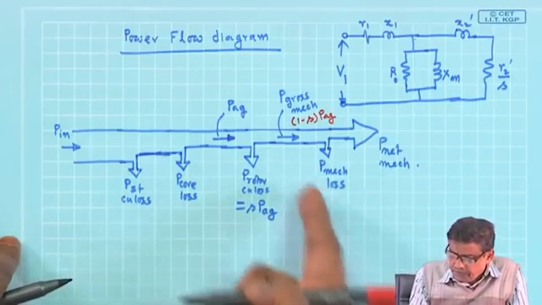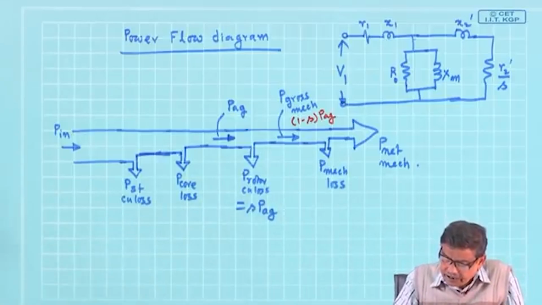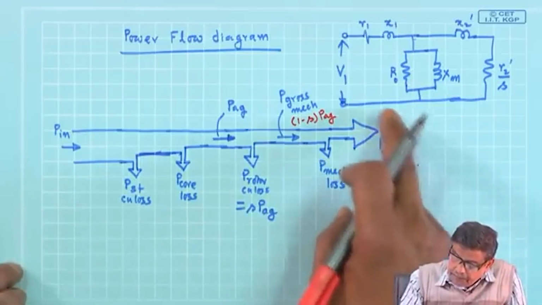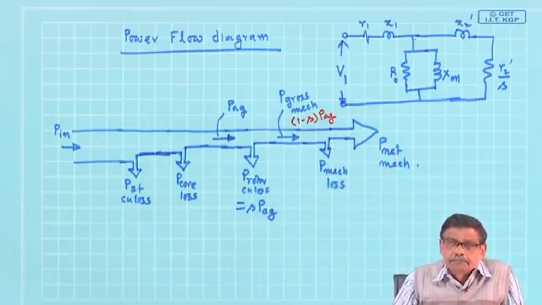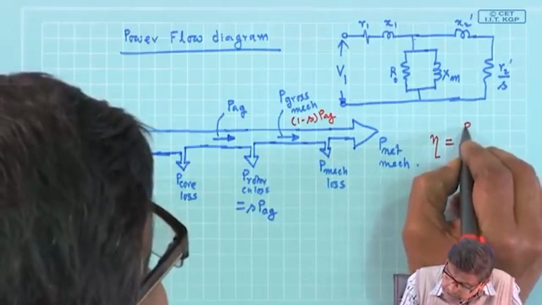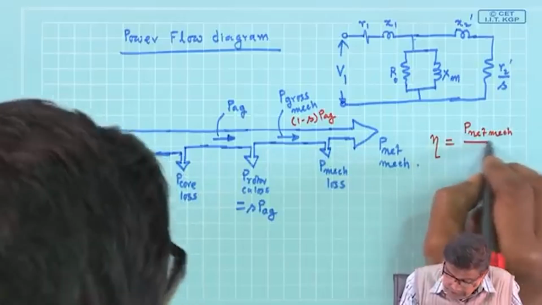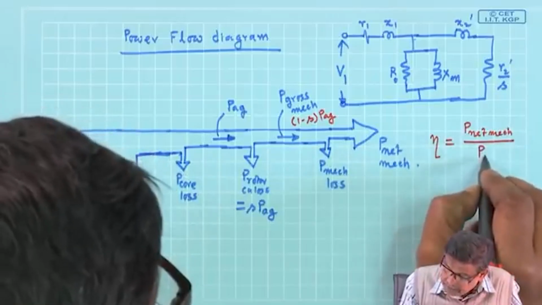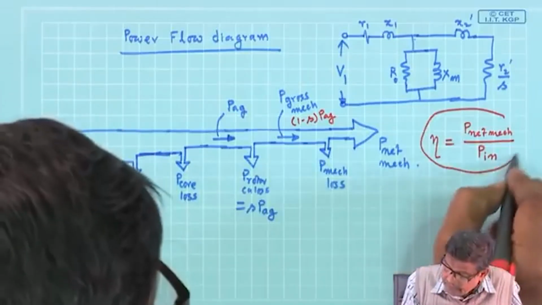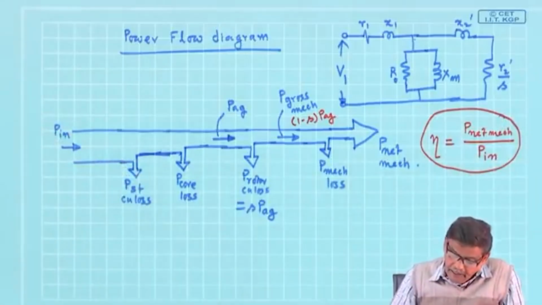From that, if you subtract a little bit of mechanical friction, windage and bearing losses, then the P net mechanical is here. And the efficiency of the motor is P net mechanical, mind you, divided by P in. This will be the net mechanical power output.